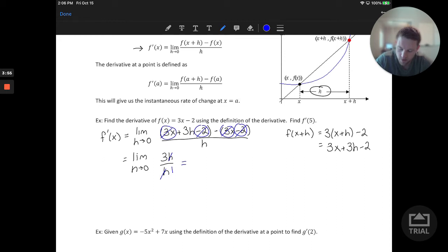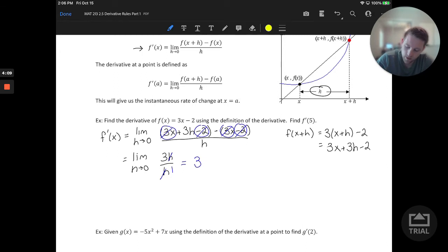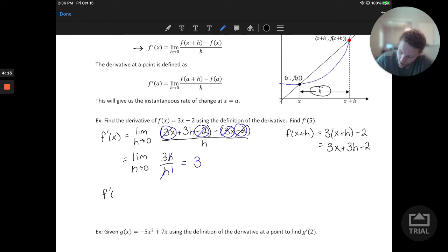The constant 3, as I take the limit as h goes to 0, is not affected. This is still a constant value. We just call that 3. So this tells us the conclusion here that the derivative f prime of x is constant at 3.